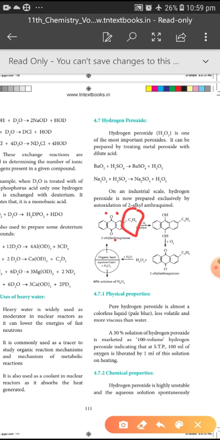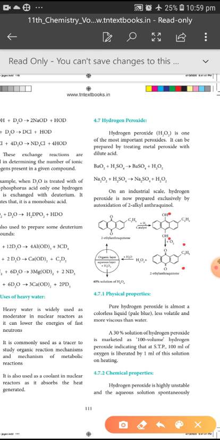So 2-ethyl anthraquinone undergoes hydrogenation in the presence of a catalyst to form 2-alkyl anthraquinol. Quinol means OH is there. Then oxidation removes the hydrogen to get anthraquinone back.